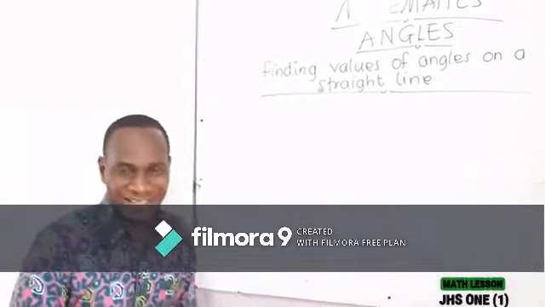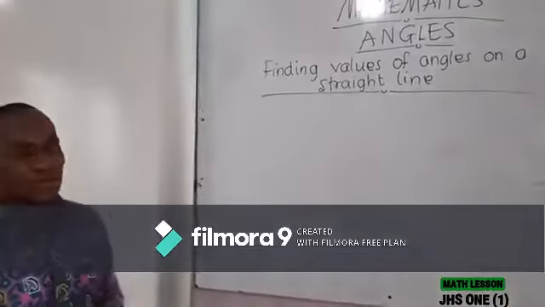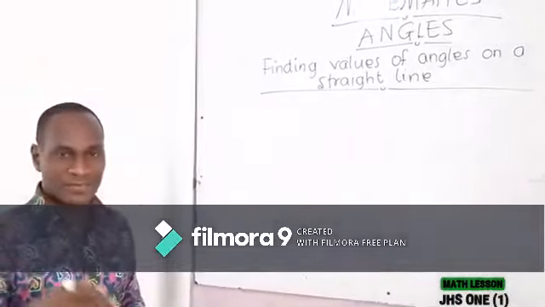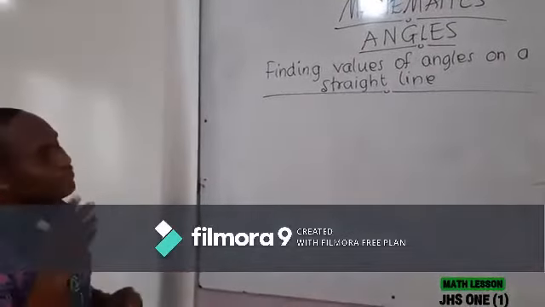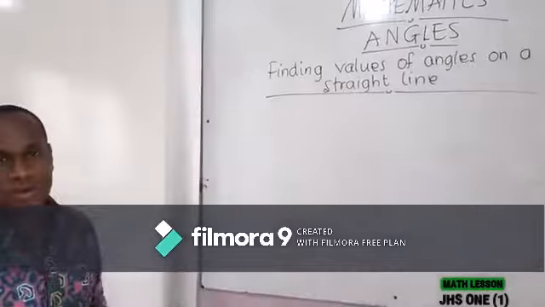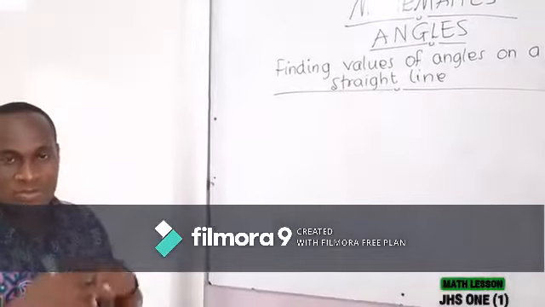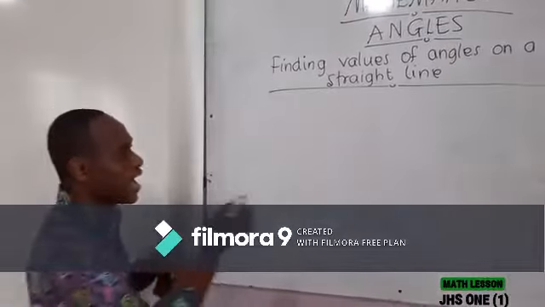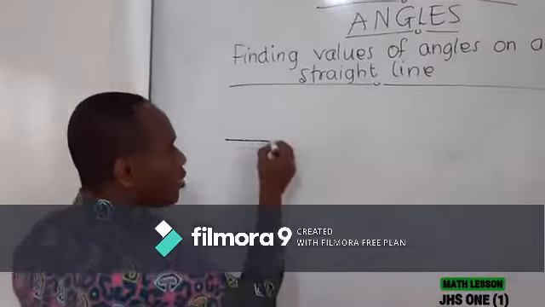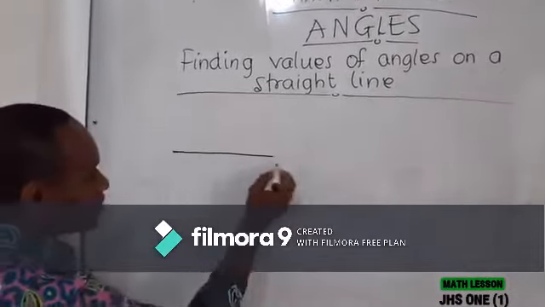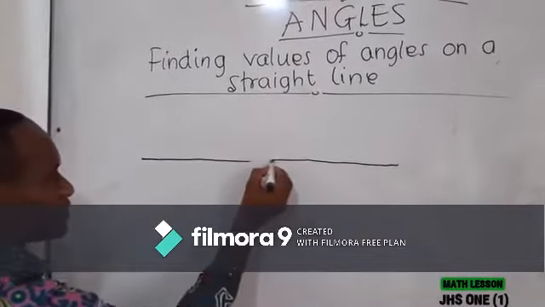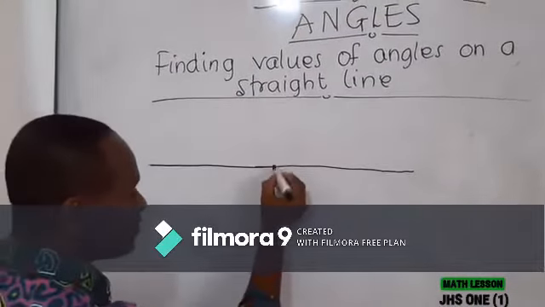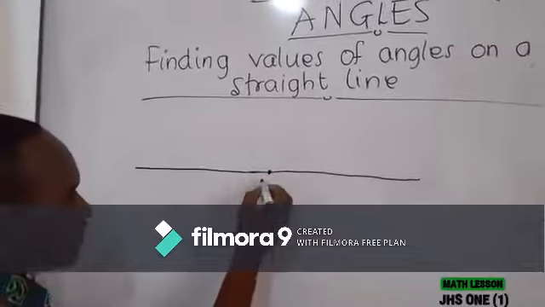My learners, let's continue with what we were discussing previously. We were saying we are going to find the values of angles on a straight angle or a straight line. Now, if you have a ray or a line coming towards this direction and there is another one coming to this direction, they will intersect here, and this is where we call the vertex.